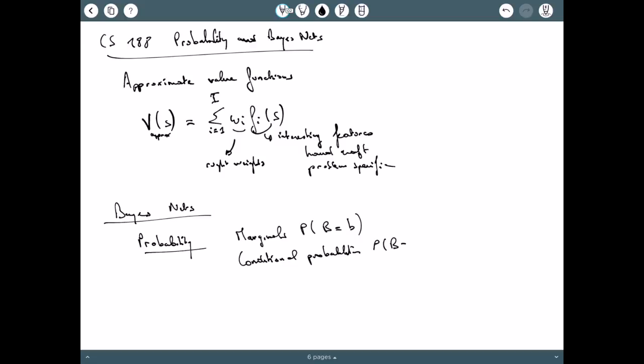For instance, the probability that b takes a certain value, lowercase b, when we know that a takes a particular value. This will generally be encoded for the different states that b can be in and different states that a can be in as part of a conditional probability table, CPT.